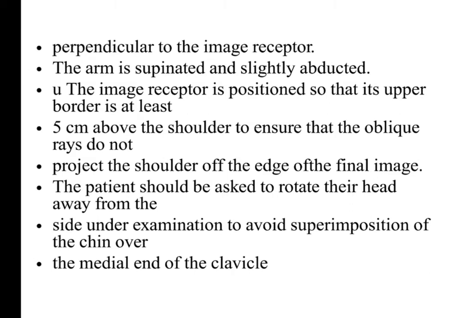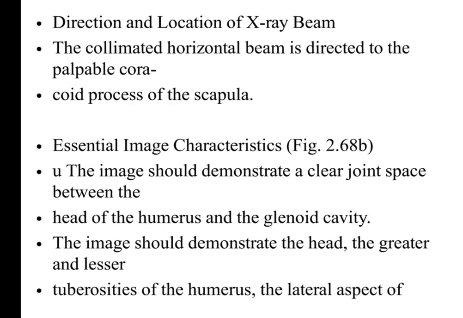The patient should be asked to rotate their head away from the side under examination to avoid superimposition of the chin over the medial end of the clavicle. Direction and location of X-ray beam. The collimated horizontal beam is directed to the coracoid process of the scapula.